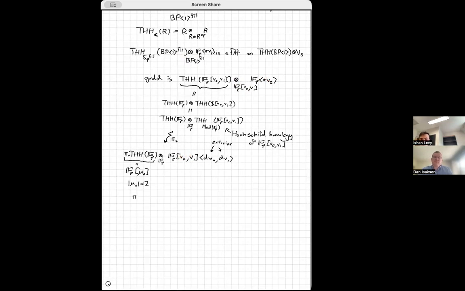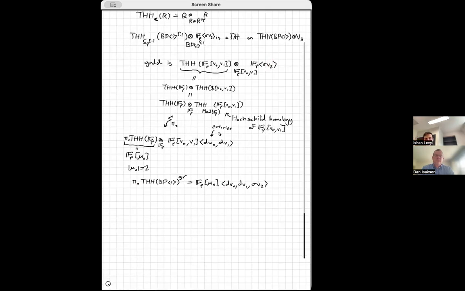That's all you're doing by modding out. You're modding out by this V0, the V1, and you're adding this class because you modded out by V2, but it was already 0. So what you learn is that THH of BP1, the associated graded of this is just a polynomial ring on mu0, and then there are 3 exterior classes. There's dv0, dv1, and then sigma of v2.